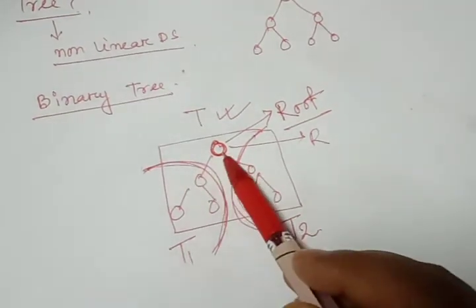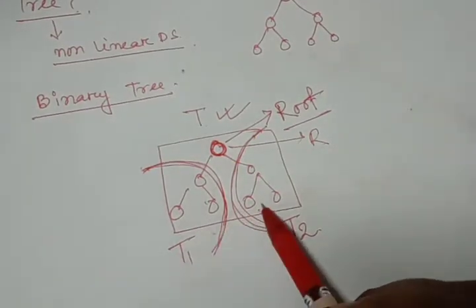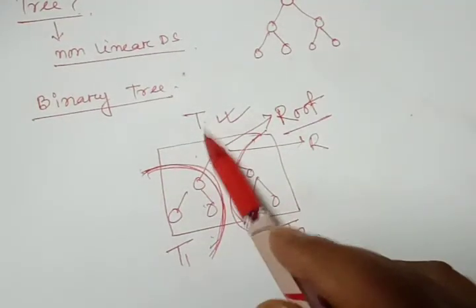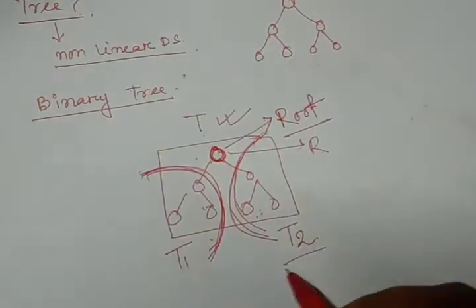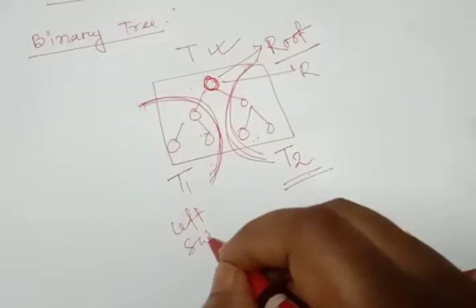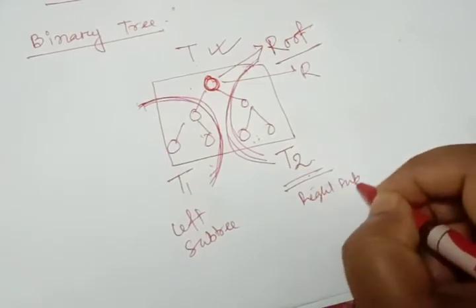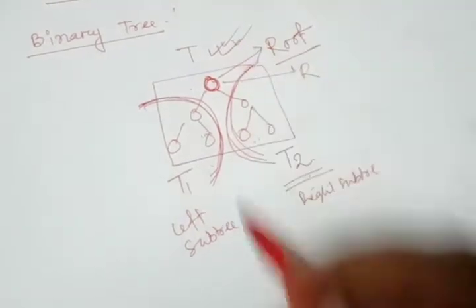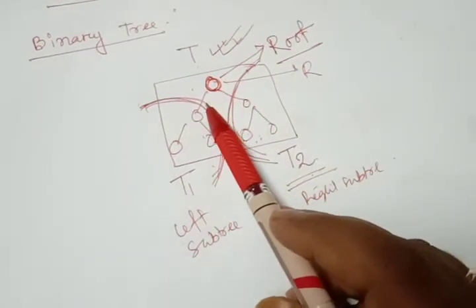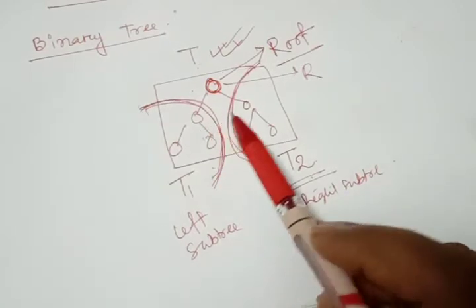So if capital T contains a root R, then the two trees T1 and T2 are called respectively the left subtree of R or of T, and the T2 is called the right subtree of capital T. Any node n in a binary tree has either 0 or 1 or 2 successors.